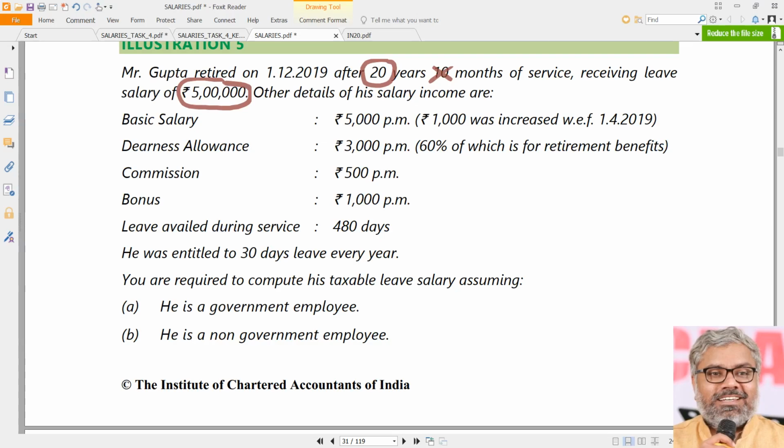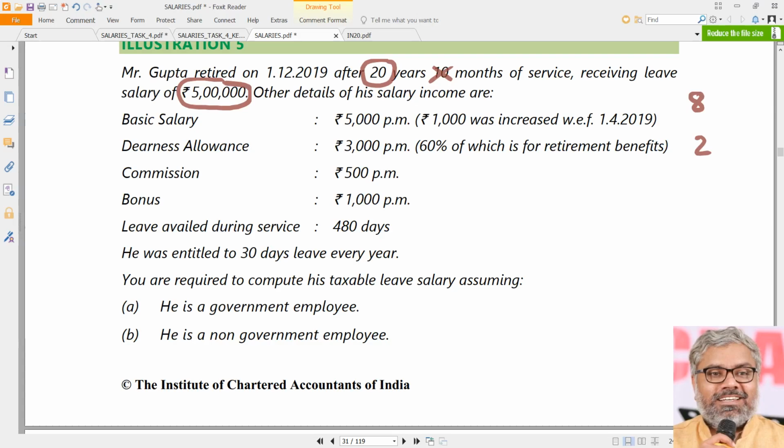When 1,000 rupees was increased from 1st April 2019, that is April, May, June, July, August, September, October, November, in other words, for 8 months he would have received a certain amount of salary, and for 2 months some other amount of salary. That is what we have to first identify.